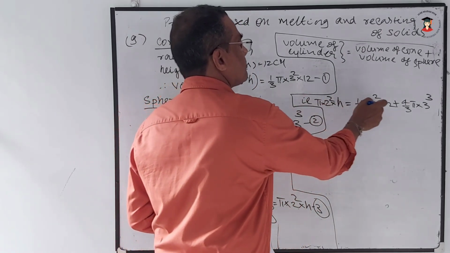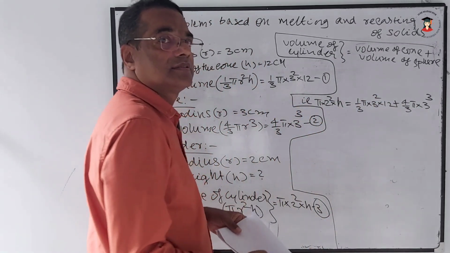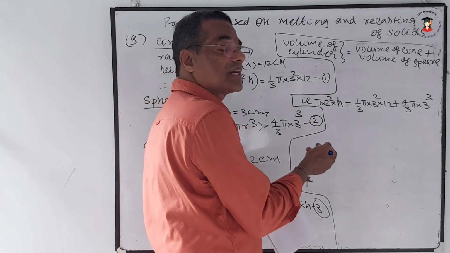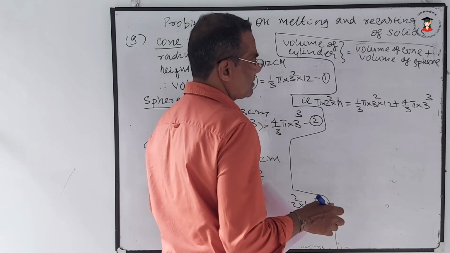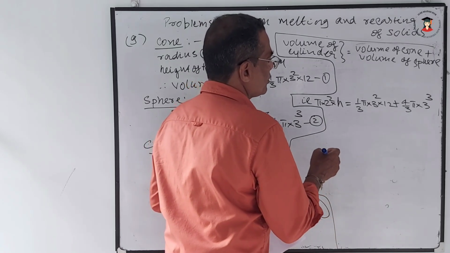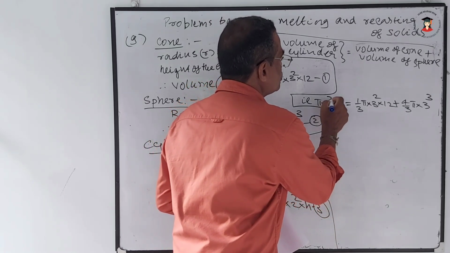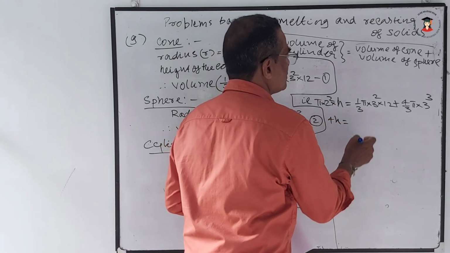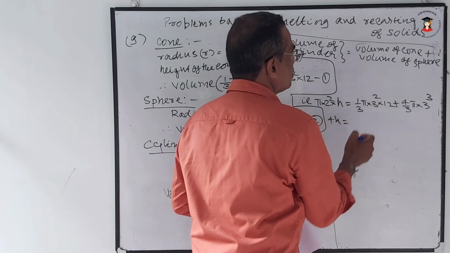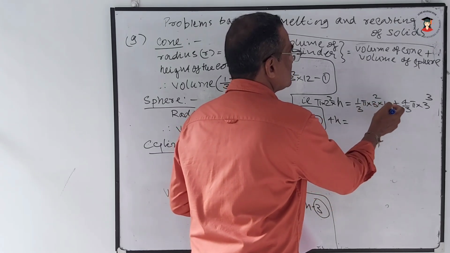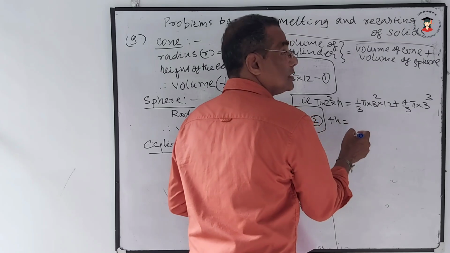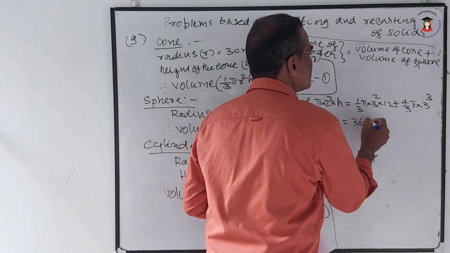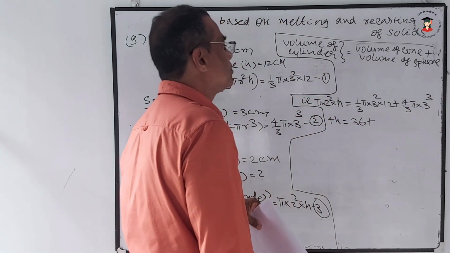See, we can cancel pi from all the terms. Pi is there in all the terms. Consider we are dividing by pi. Pi will get cancelled. So the remaining equation will become 2 square h. 2 square h means 4h. 4h is equal to 1, 3, 1, 3 will go. So remaining is 3 into 12 is 36, plus. Here again 1, 3 and 1, 3 will go.